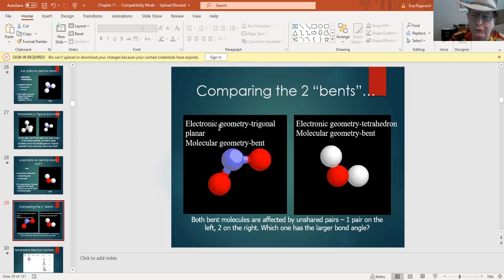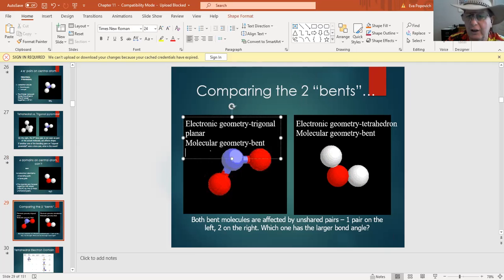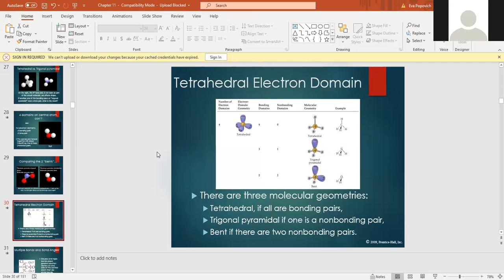Remember, a full circle is 360, three bonds, not four. The whole thing around the circle is 120. So if we have that divided by 3, each of these bond angles starts out at 120. Okay. This started out at 109.